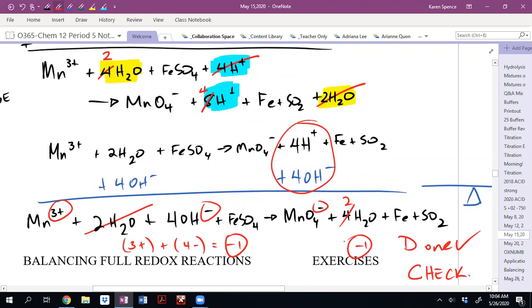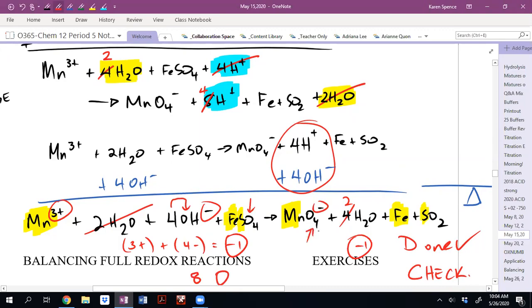Let's go and check our major atoms. We have 1 manganese, 1 manganese. We have 1 iron, 1 iron. 1 sulfur, 1 sulfur. And let's check oxygens. 4 oxygens on there, and another 4 oxygens gives me 8 oxygens on the left.